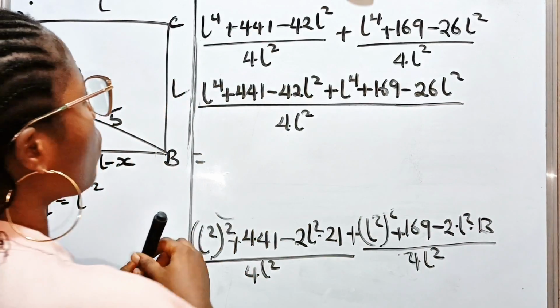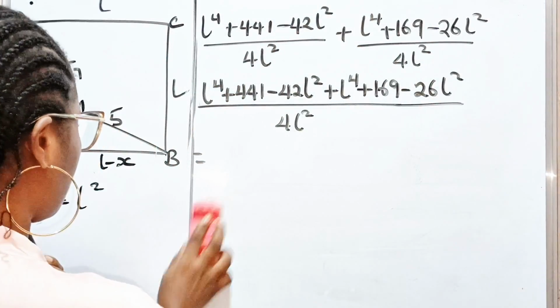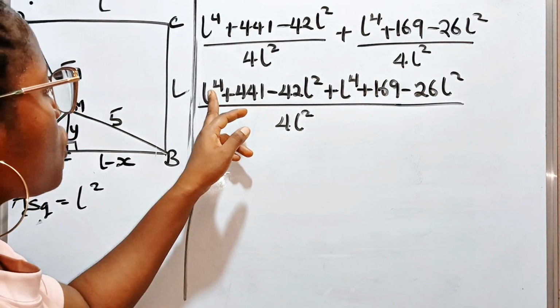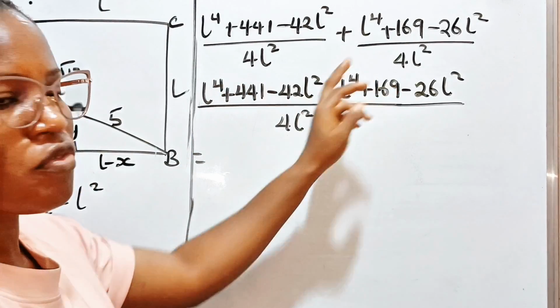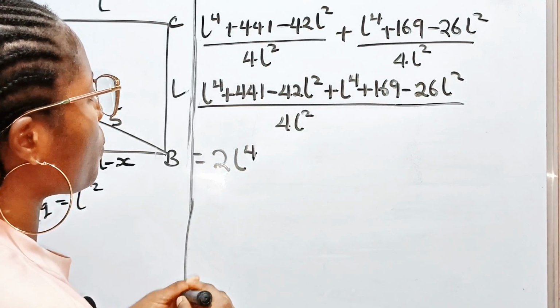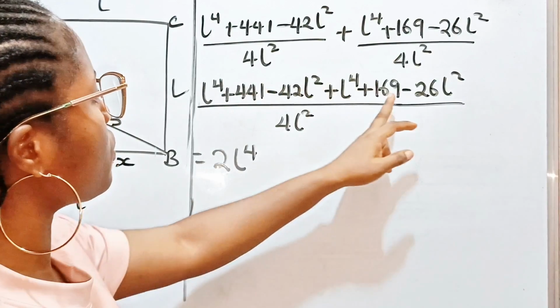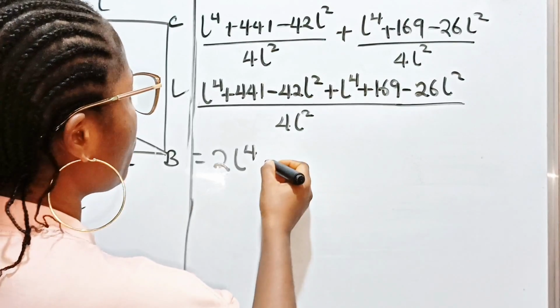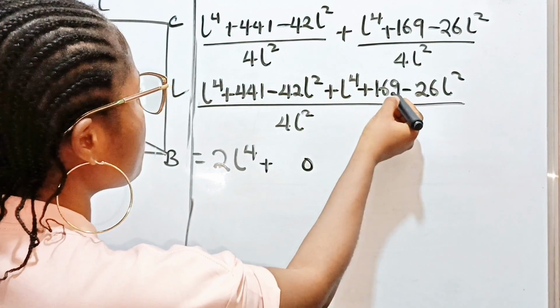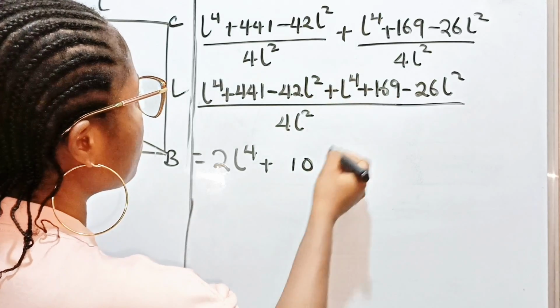So this should be equal to, now collecting like terms, L to the power of 4 plus L to the power of 4 will give us 2L to the power of 4. Now 441 plus 169 will give us 9 plus 1 is 10, carry 1. 6 plus 4 is 10, plus 1, 11, carry 1.